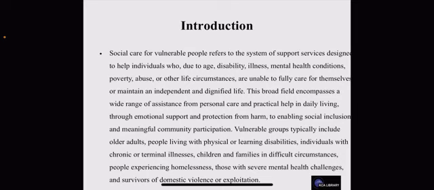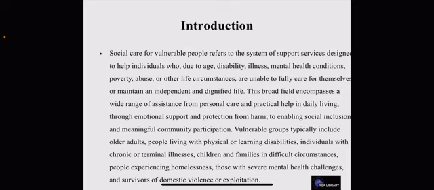Social care for vulnerable people can just be said to be the act of supporting or creating a support service. It's an act of creating support service for those people that are marginalized, the vulnerable individuals or the less privileged, which can be poverty, can be age, can be mental abuse, child abuse, it could be life circumstances, it could be disability, it could be through illness, it could be age and the likes, it could be health conditions and the likes.